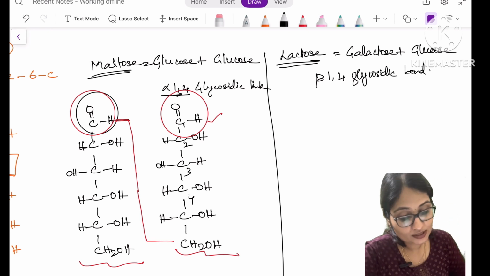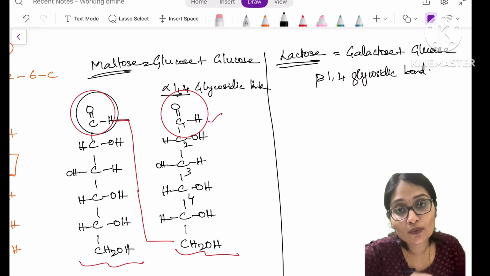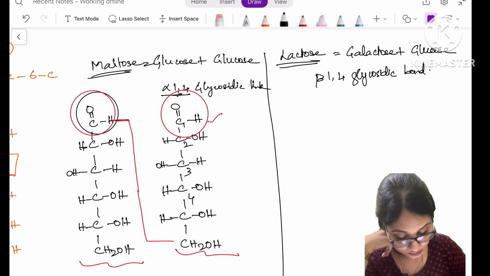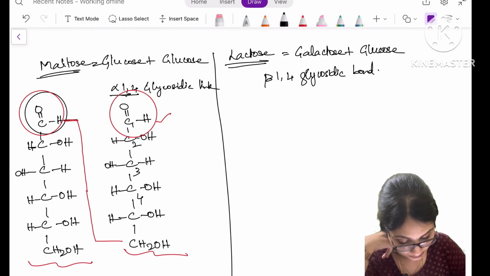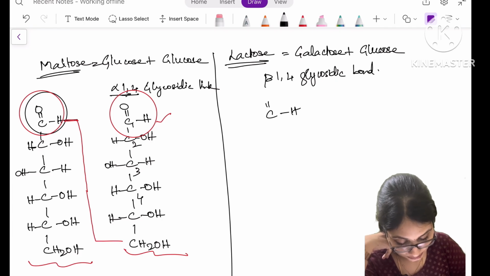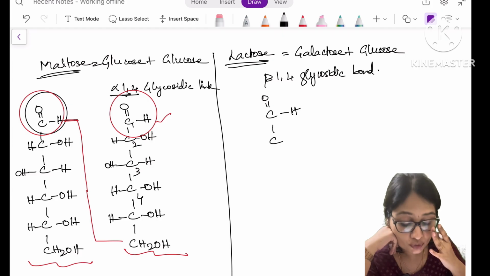So now we'll have to draw galactose. For the time being, you just remember galactose looks something like this. We have CHO, it is similar to glucose. So galactose is a C4 epimer of glucose.